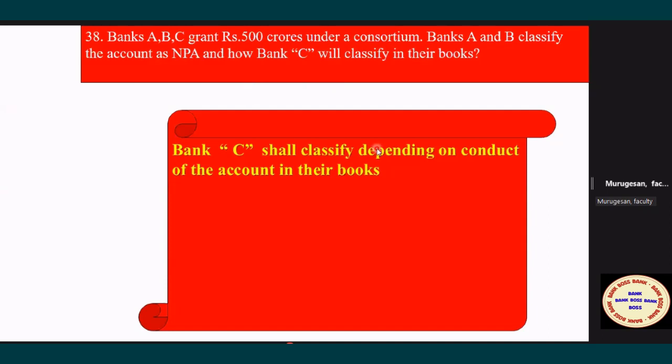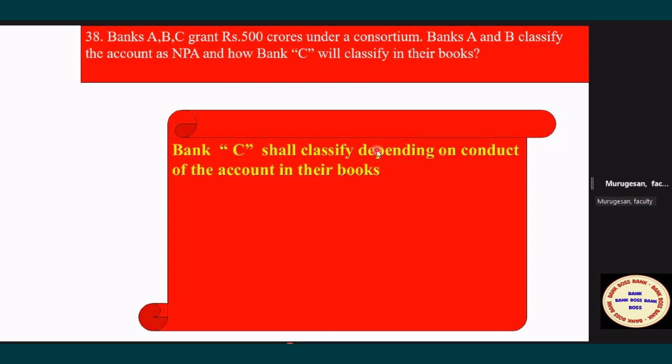No. For the purpose of classifying as NPA, the conduct of the account at the respective bank is the criterion. If interest and installment are serviced properly, then it will not slip to NPA. But if interest and installment are not serviced within the due date, 90 days from the due date, then it will be recognized as NPA in their books.